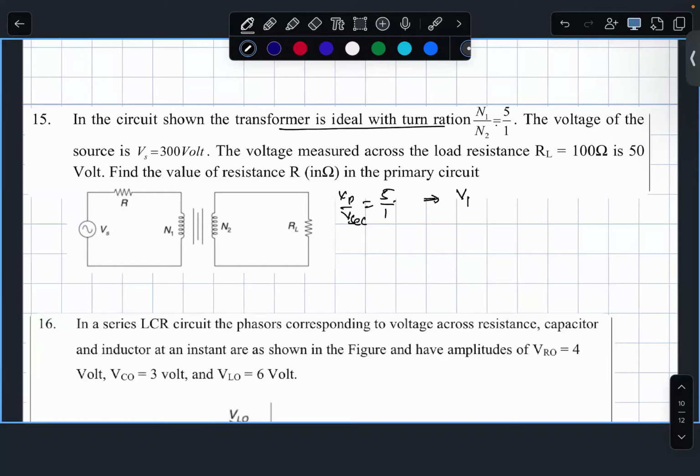So V primary is 250 volt. Current in the secondary is equal to అదే 50 by 100, 1 by 2 amps. So what is the current in the primary?